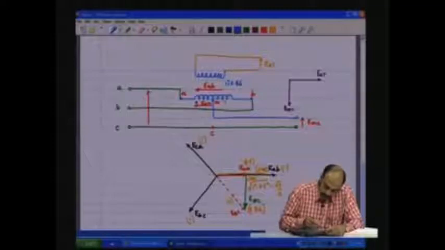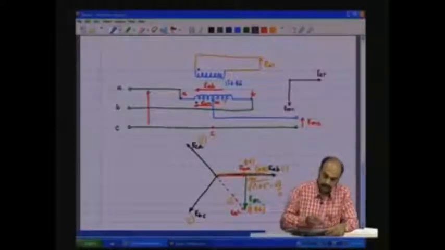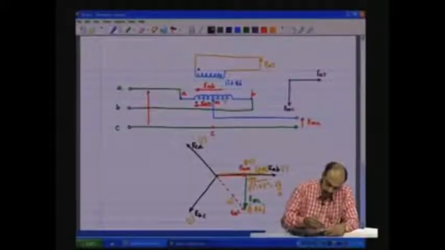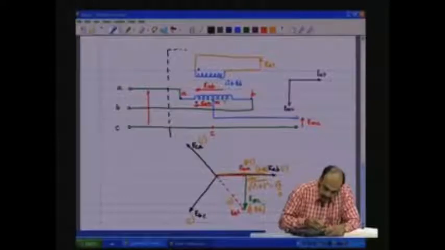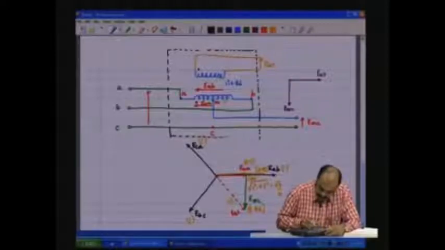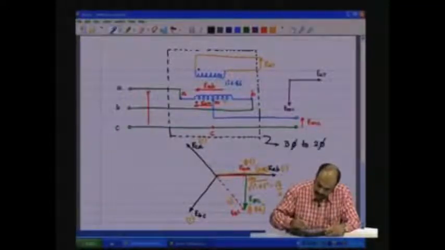Then the dot polarity as shown here will give EAT and EMC. This would be a 3-phase to 2-phase system. So, what is being shown here is a 3-phase to 2-phase transformer.